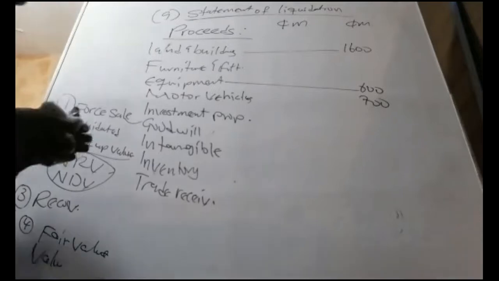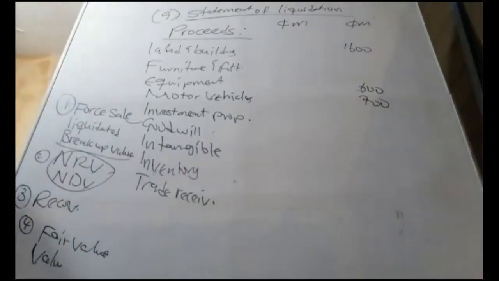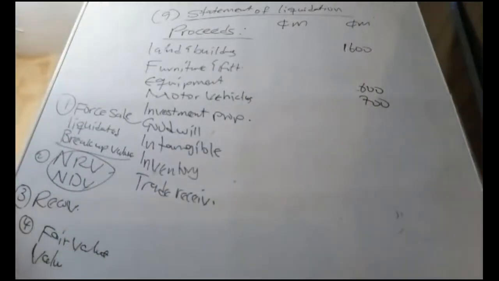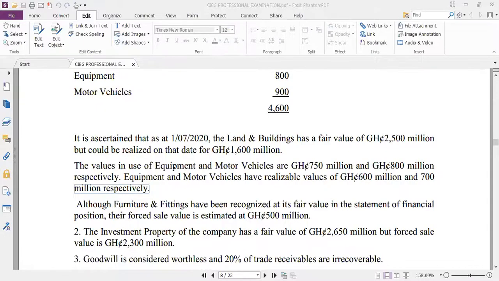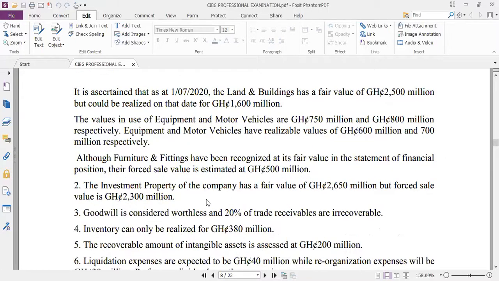Now let's continue the game. Okay, the next footnote says that although furniture and fittings have been recognized at its fair value in the statement of financial position, their for sale value is estimated to be 500.